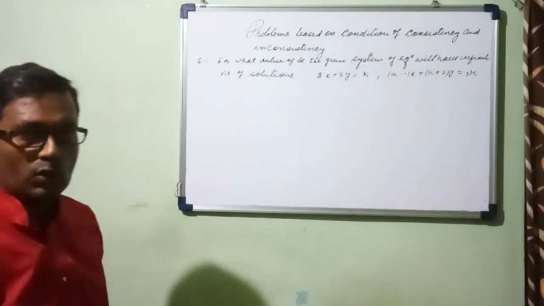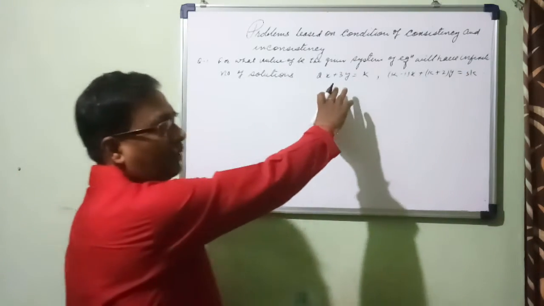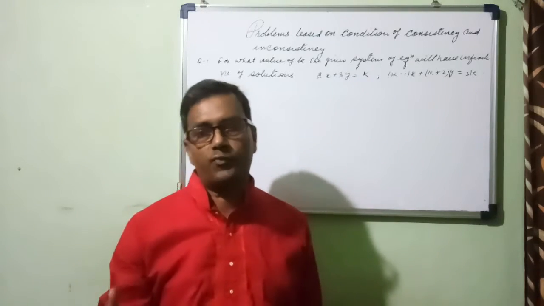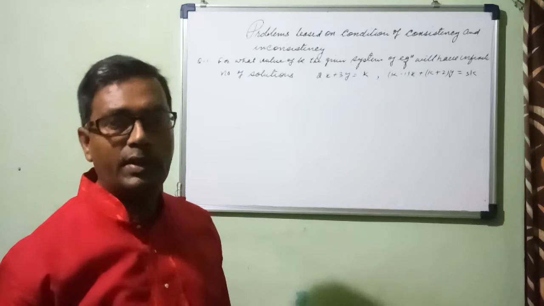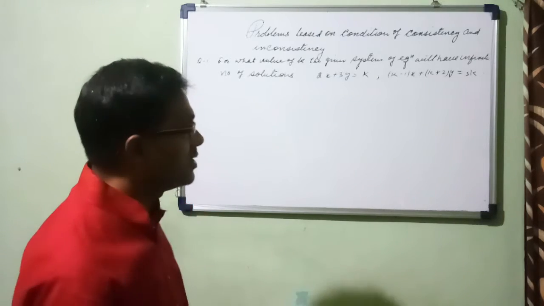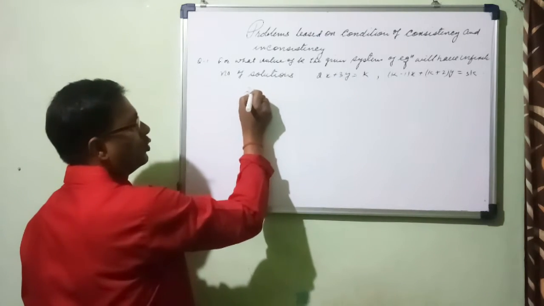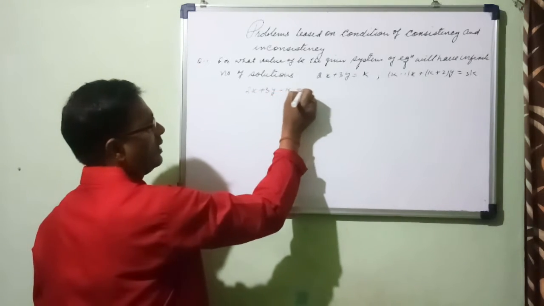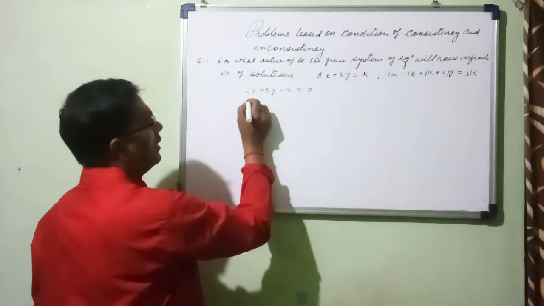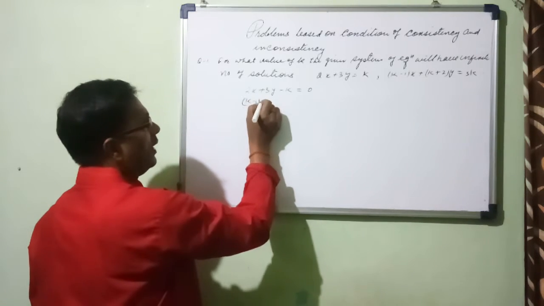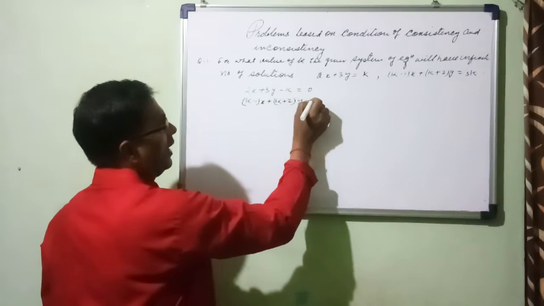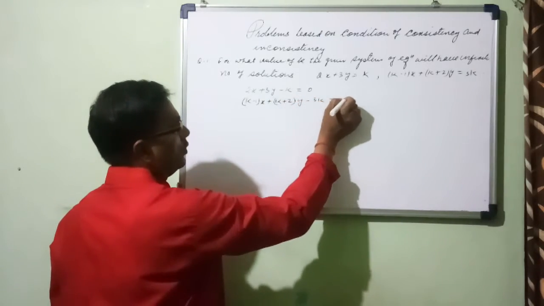As we discussed earlier, whenever you get the equations, immediately convert them into the standard form of linear equations in two variables. What does it mean? That 2x plus 3y minus k is equal to 0 and (k minus 1)x plus (k plus 2)y minus 3k is equal to 0.